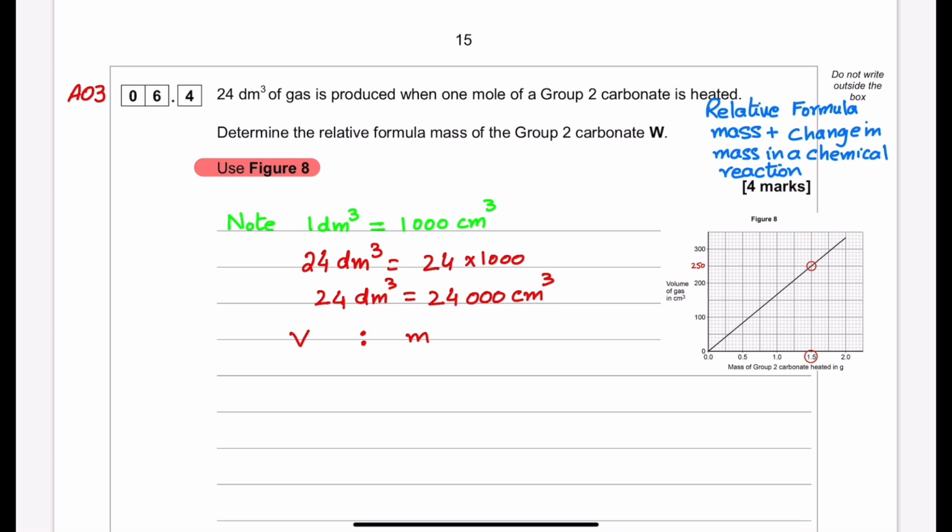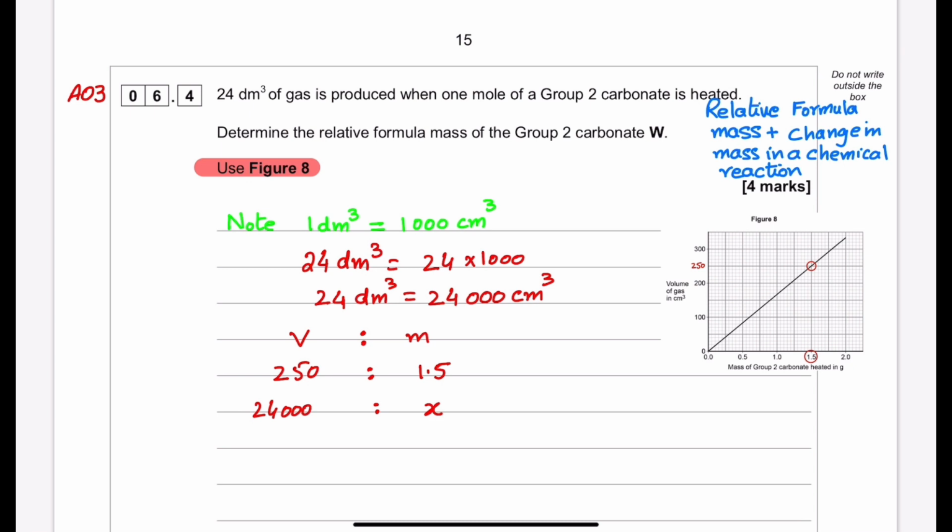So the volume is 250 and the mass is 1.5 gram. In this question, I have been given 24 dm³, which means 24,000 cm³, and the mass used is unknown. So I use the unknown mass of the metal carbonate W as X.